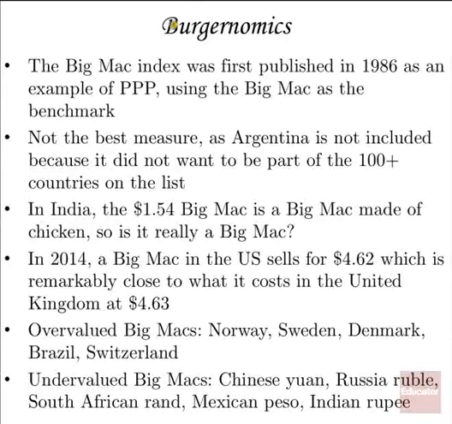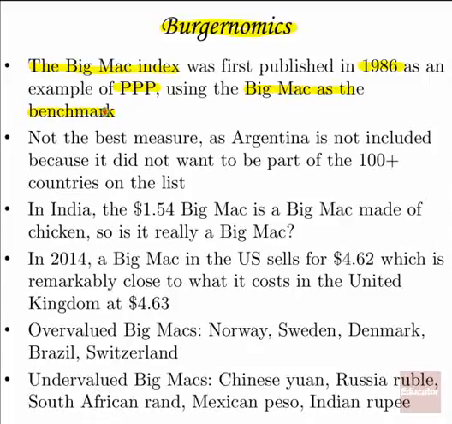So let's take a look at Burgernomics. What is Burgernomics? It sounds like an invented term, and it's actually quite a recent phenomenon. The Big Mac Index was first published in 1986 as an example of purchasing power parity, using the Big Mac as the benchmark. Rather than a whole basket of goods bought in one country versus another, because McDonald's is so global in its scope, they use the Big Mac as the one single unit of goods.